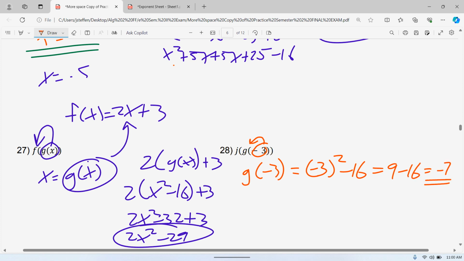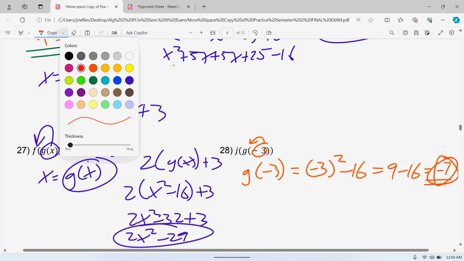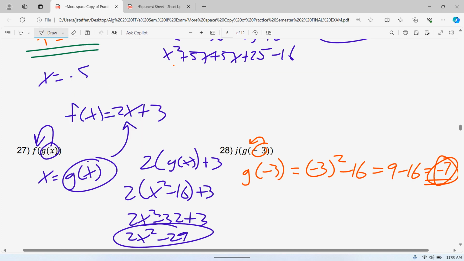So now we take that -7 and we plug that into my j equation.